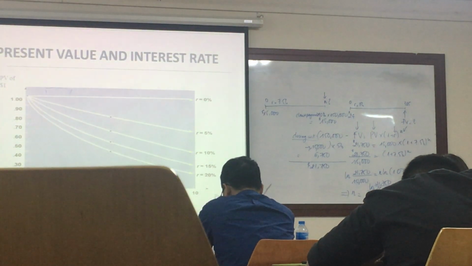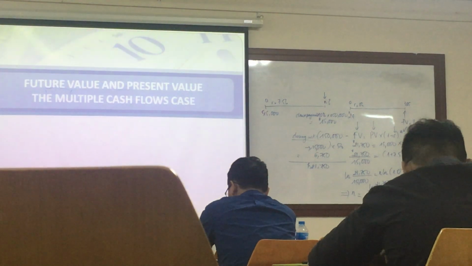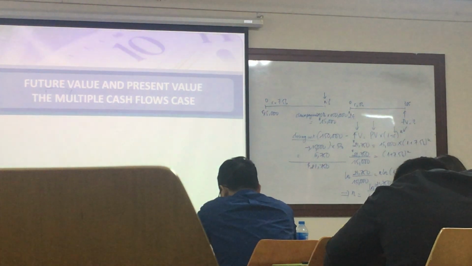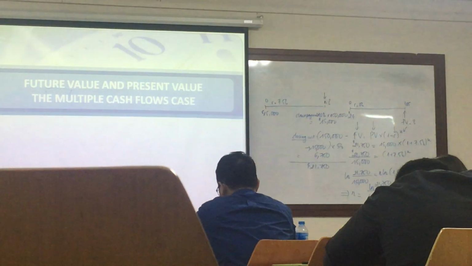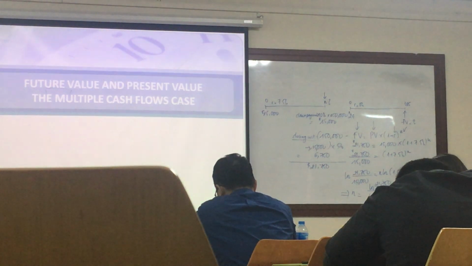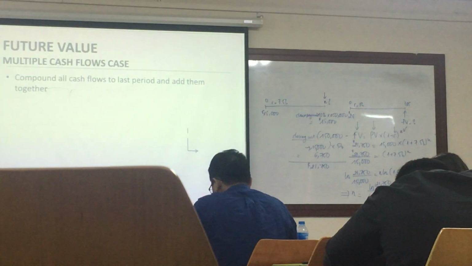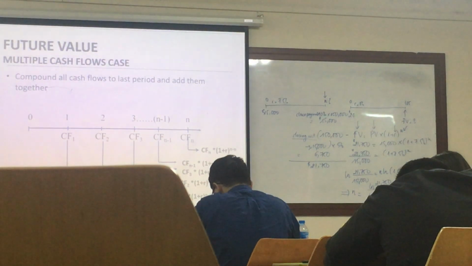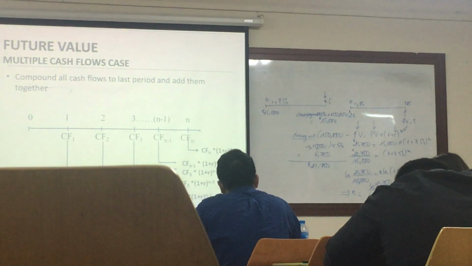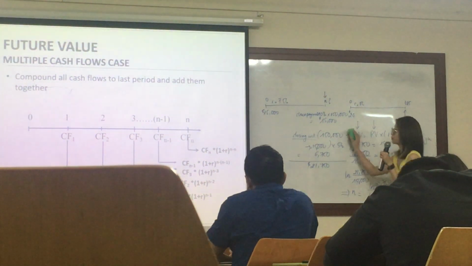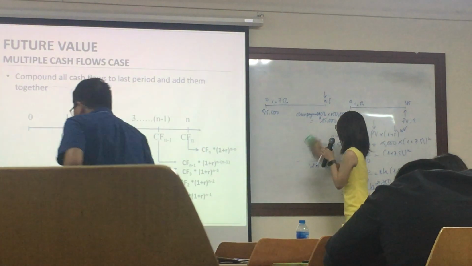Okay, so we go into the second type, which is the multiple cash flow case. In the multiple cash flow case, the cash flow occurs every single period, or they occur in more than one period.